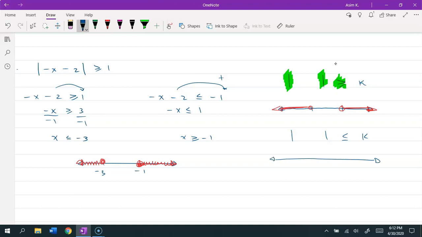And you can go back and you can check all the questions that we've done, right? Check me on this, and you'll find that it's going to be between. Now, technically, that's shaded circles, right? But the whole point is just for you to realize that when it's less than or equal to, it leads to that between situation, whereas if it's greater than or equal to, it leads to that situation that you saw earlier.